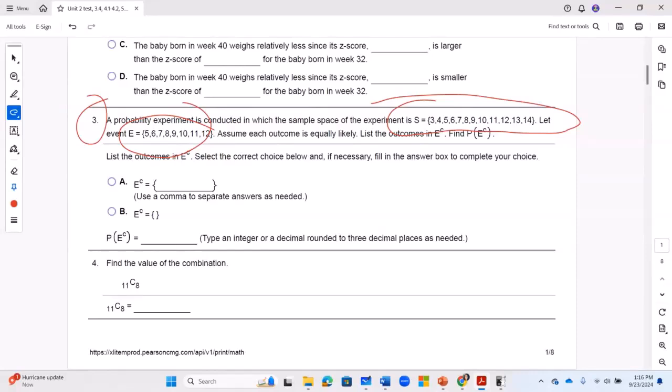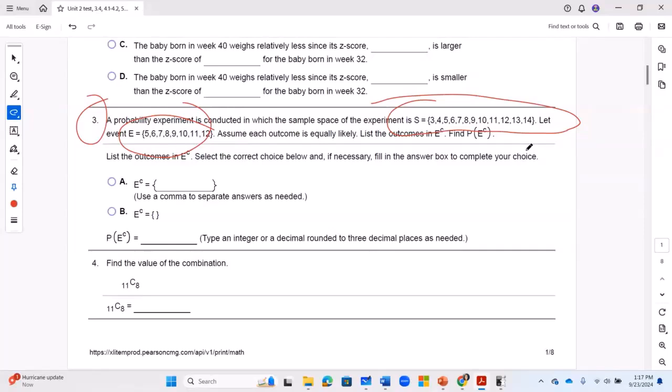The probability of selecting a 1, let's count it. How many do we have in the universal set? 1, 2, 3, 4, 5, 6, so there are 12 of them. The probability of selecting a 3 is 1 out of 12. The probability of selecting a 4 is 1 out of 12.